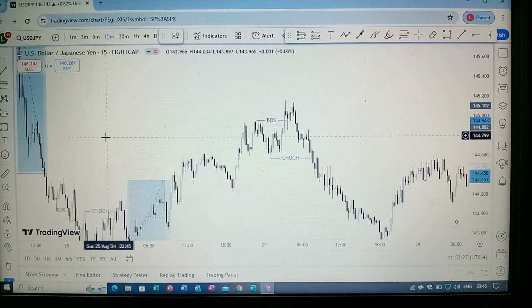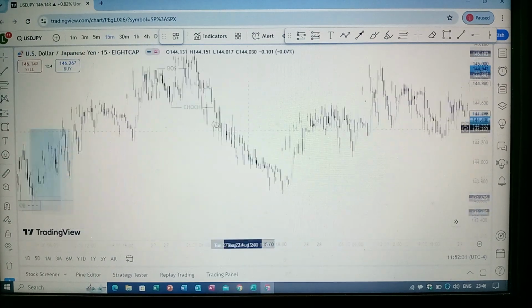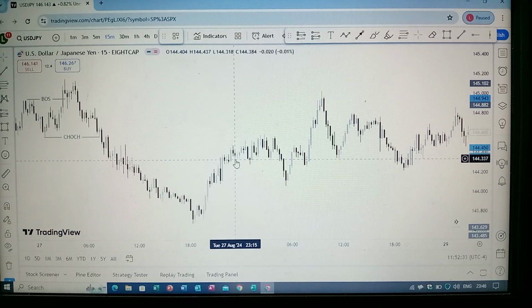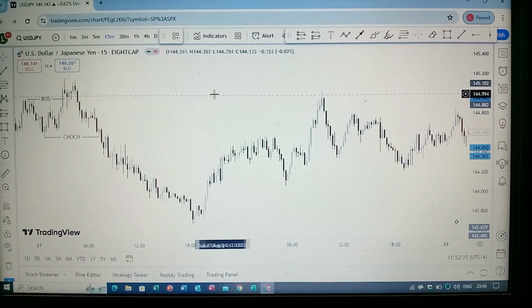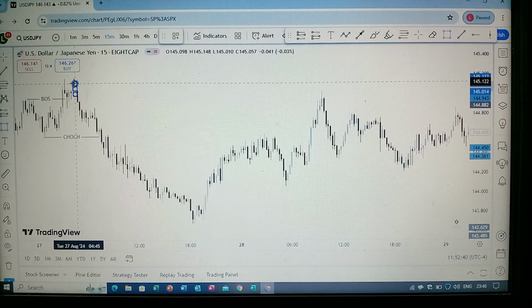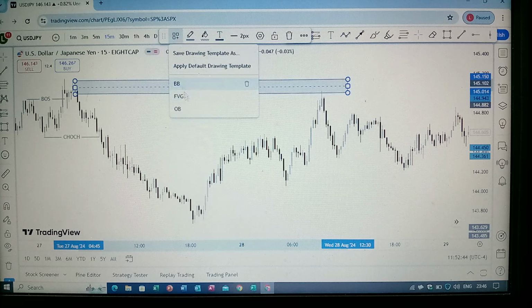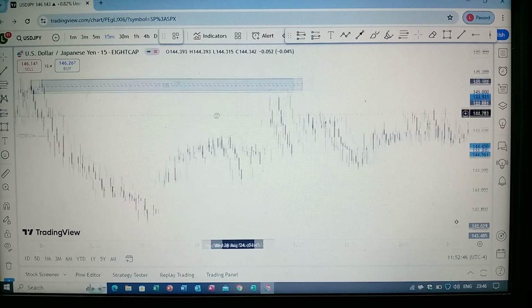So I was like, okay, sharp, we actually broke structure, changed character, and I was looking to go short from this supply level up here, which I did go short from, right?